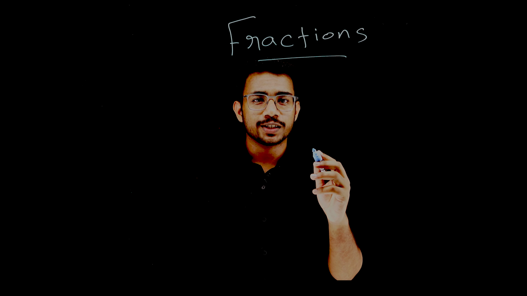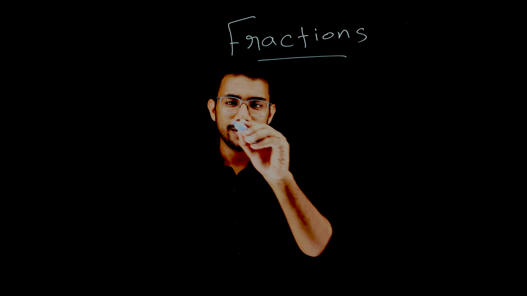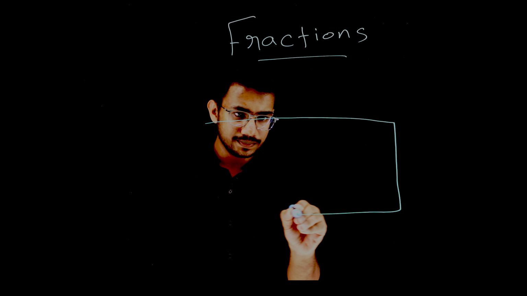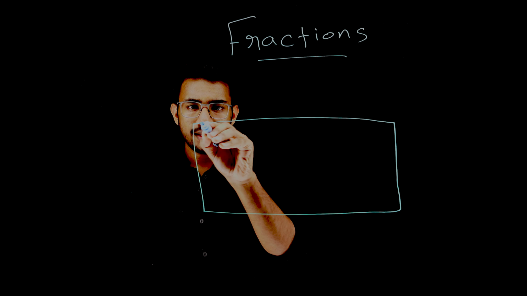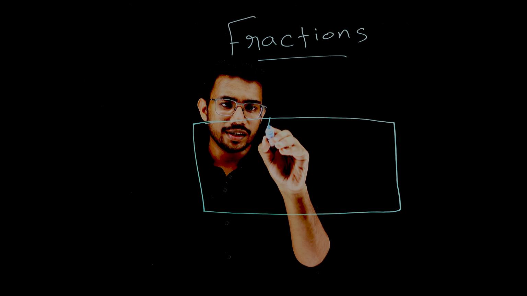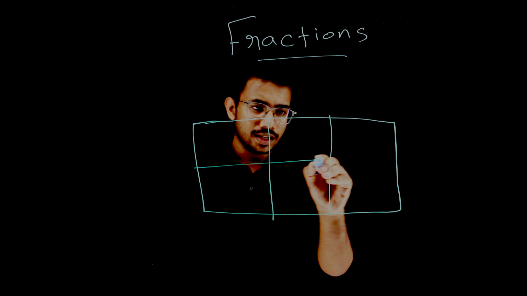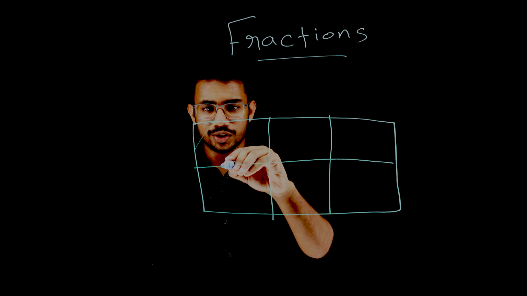Let's consider one more example to make the idea a little bit clearer. Let's say I'm having a small rectangle like this, and I am dividing this rectangle into 6 equal portions. And I'm taking the top 3 portions as well.